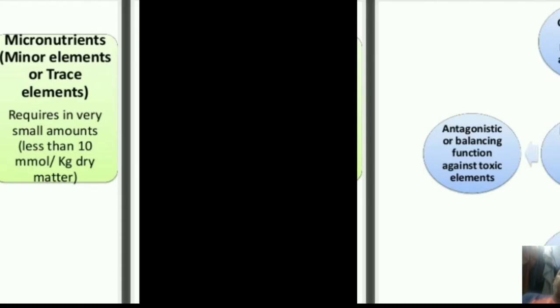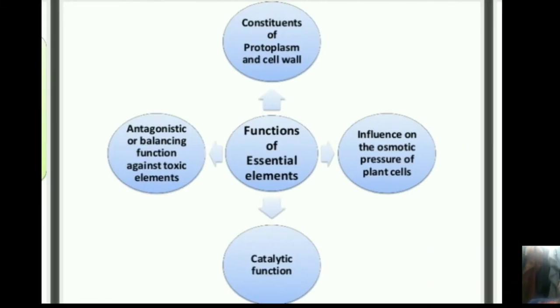When we see in detail the functions of essential elements, the functions can be categorized. The constituents of protoplasm or cell wall may be one function. Influence on the osmotic pressure of plant cells is also one of the functions of the elements. Next, antagonistic or balancing function against toxic elements.